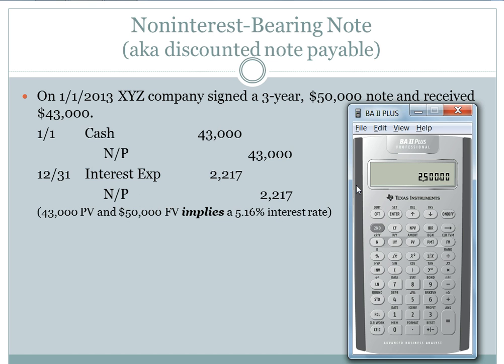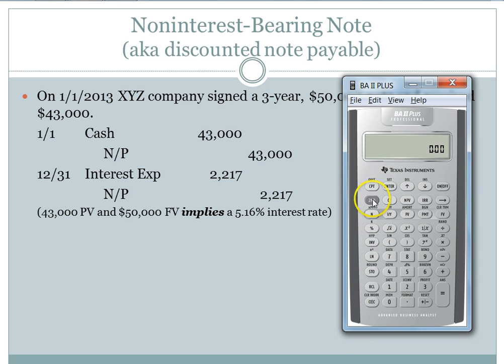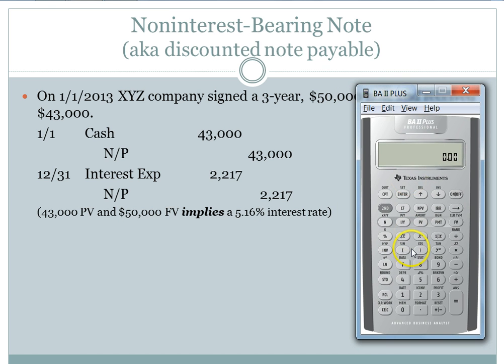So let me bring up my financial calculator here, and I'm going to make sure that my time value of money registry is cleared out. Interest rate per year, or payments per year, or compounding periods per year is just 1. I need to make sure that I get that set up correctly. Now I can figure out what the implied interest rate is on this note.